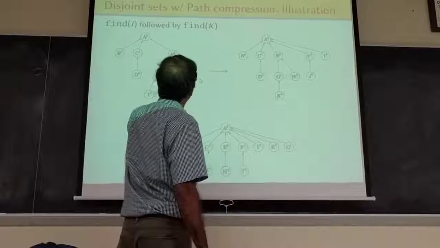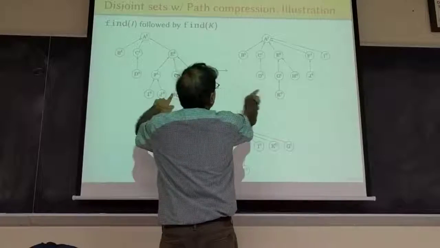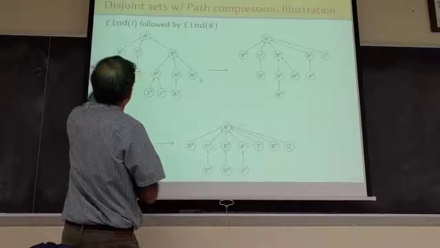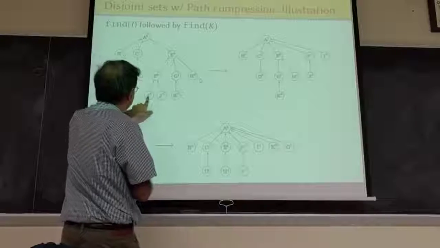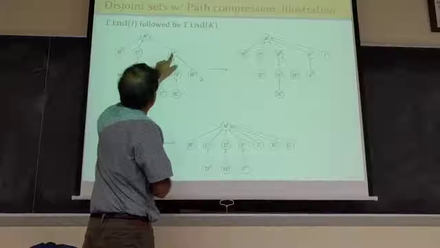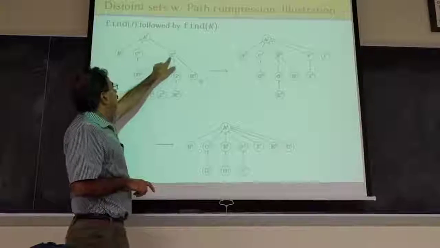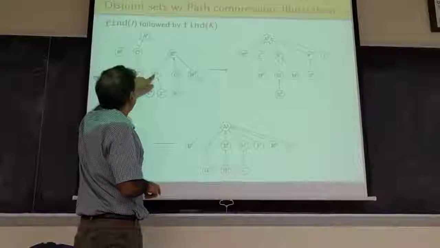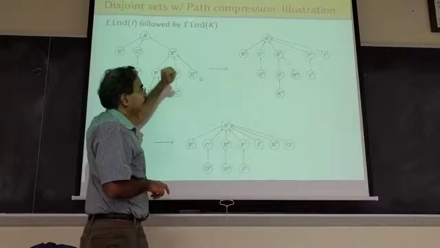So you do a find I. What you're going to do initially is, the parents of I are F, E, and A, right? E is already pointing to the root, so you cannot do anything better for E. But F can be promoted, right? And so can I, right?